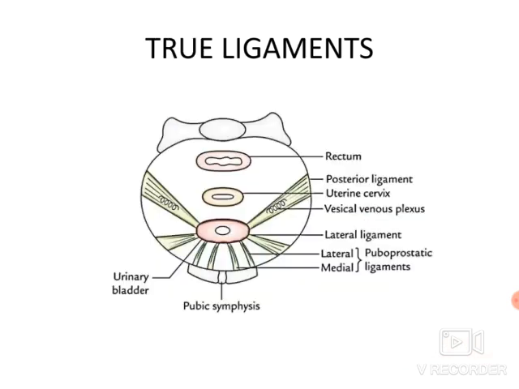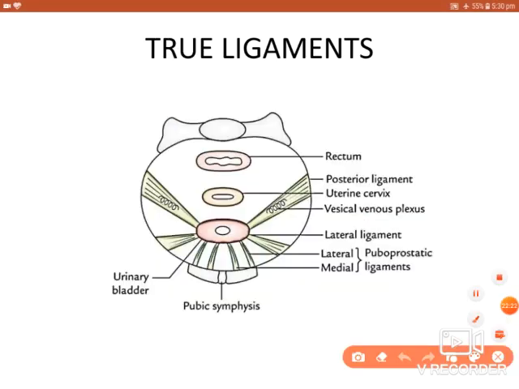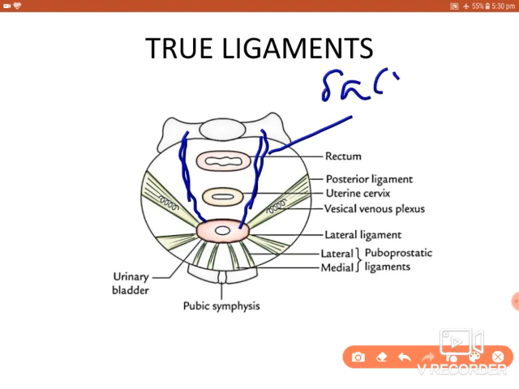Additional to that, from the sides of the base of the bladder, a ligament goes posteriorly to the third sacral segment. That is called the sacrogenital fold or sacrogenital ligament.